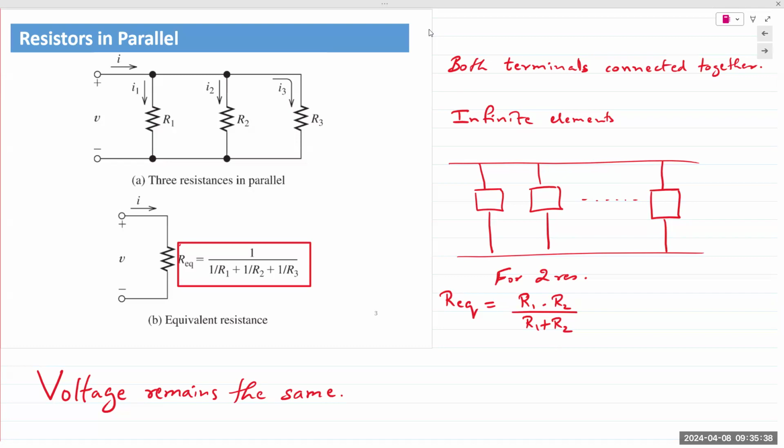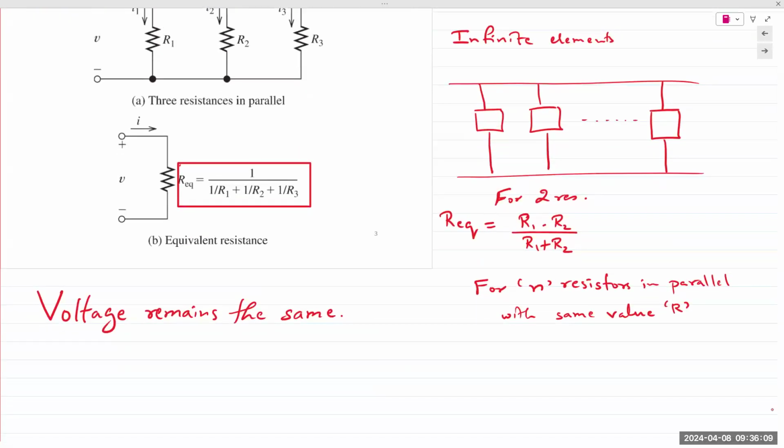Also, if you have multiple resistors in parallel with the exact same value, then the Req would simply be R over N. If you have N number of resistors in parallel with resistance value R ohms, then Req is simply R divided by N. You can try it out with any value.